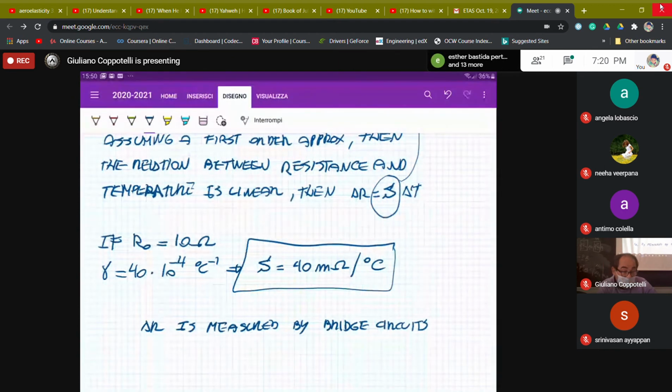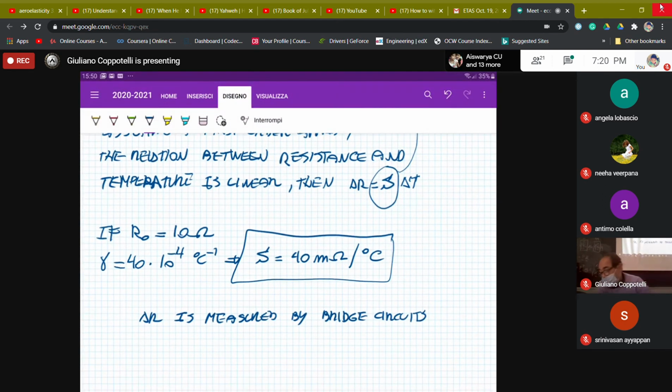But this time, we are not having the task of measuring the strain, we are having the task from the experimental point of view of measuring the temperature. So the Wheatstone bridge will be used to measure the change of resistance because of temperature change. So, a different use.